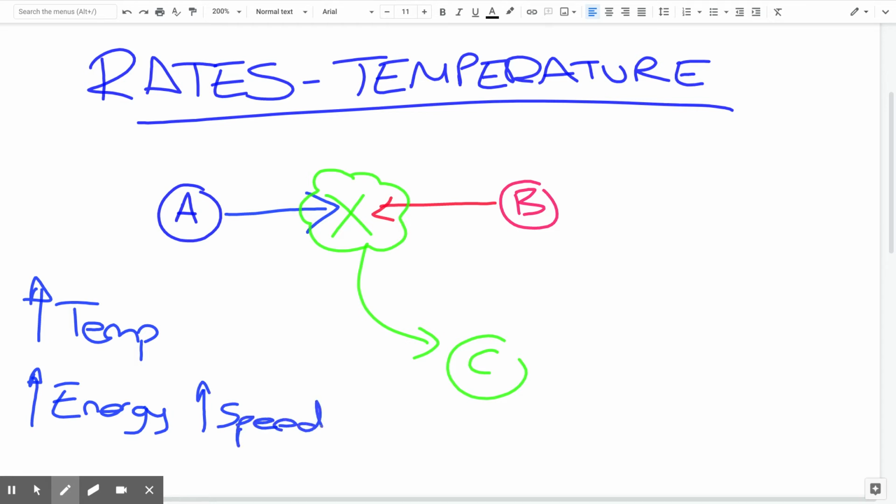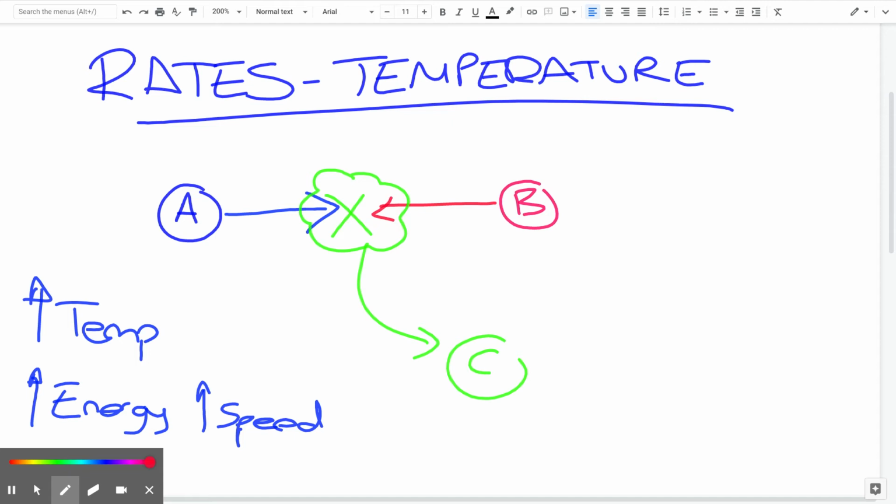Okay, so if a particle is moving faster, it's possible, if we look at this diagrammatically, that if particle A was moving at a certain speed, it could hit particle B within, say, 1 second.